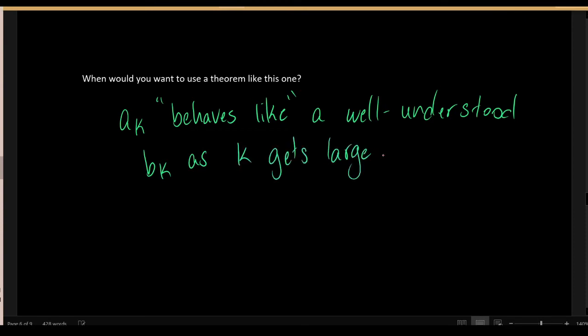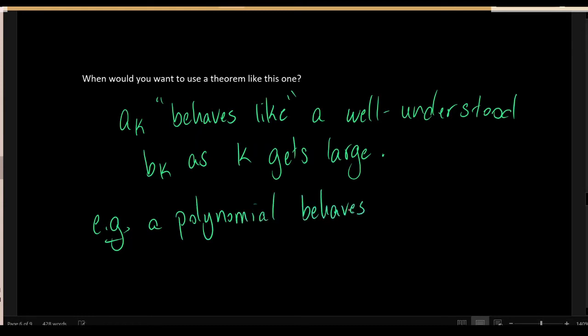And one of the fundamental principles that we will be using when we ask the question, what does this series behave like, is that a polynomial behaves like its leading term, the term with the largest degree, the largest exponent.